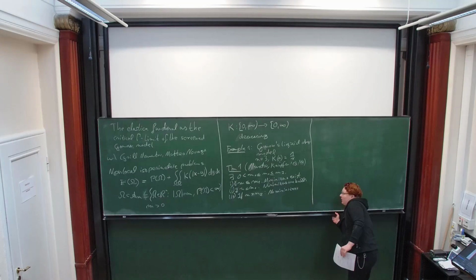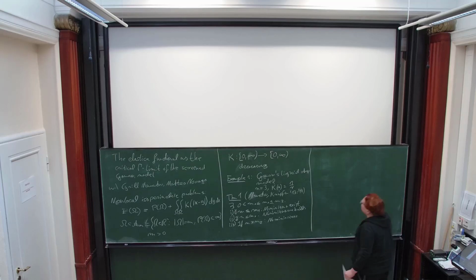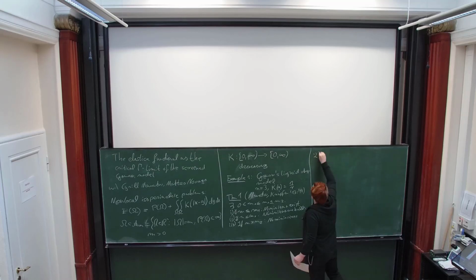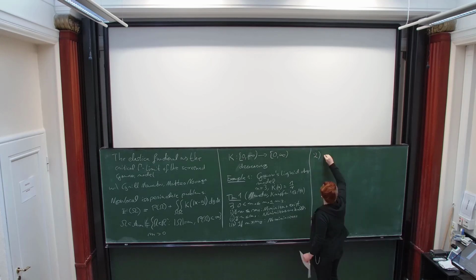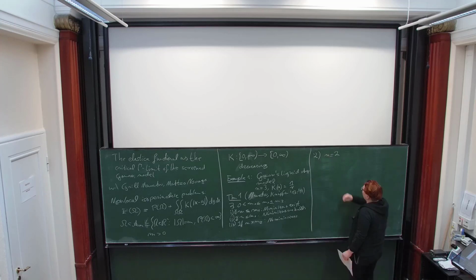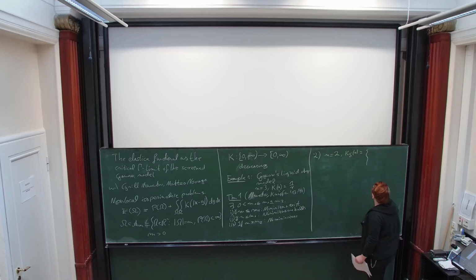I'm not going to work on Gamow's liquid drop model itself. I'm going to be interested in slightly different effects, and for that I'm going to show you a model that Cyrill and I worked on before, which is in 2 dimensions, and the kernel is now given. Essentially, we want to take the kernel 1 over r cubed.